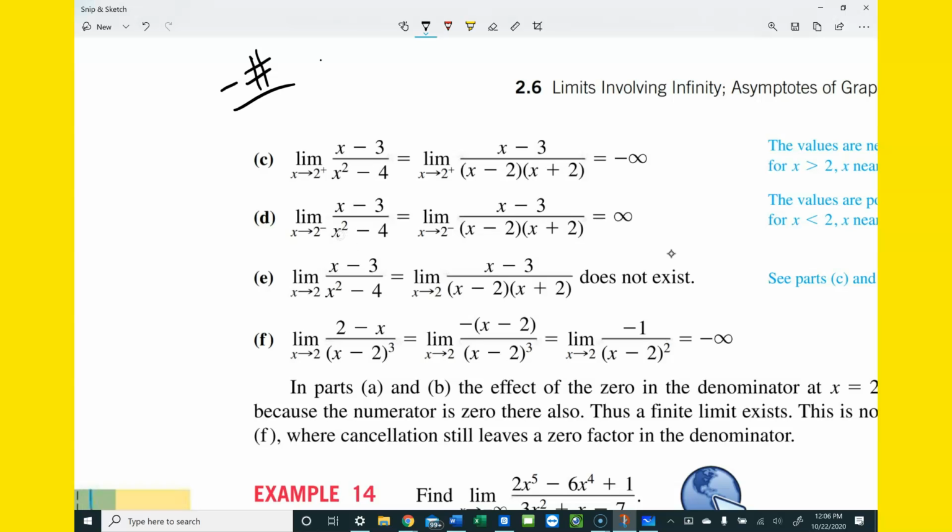But this time here, we're going to be a little bit less than 4 minus 4, which is going to be a really small negative number. So a negative number over another negative number is going to be a positive number. And it's something over something extremely small, which turns into something extremely large, so it's positive infinity.